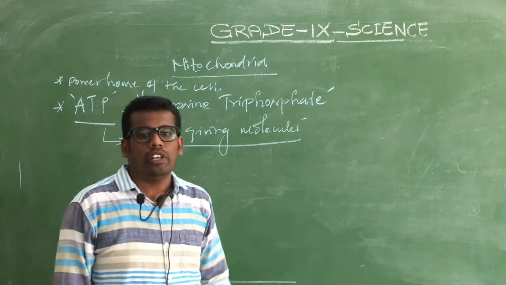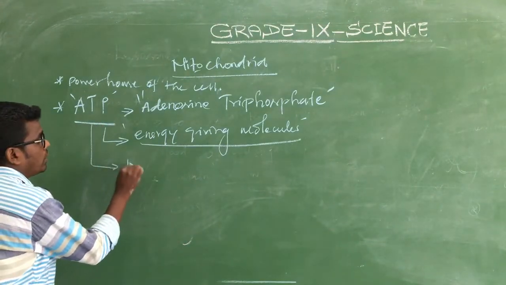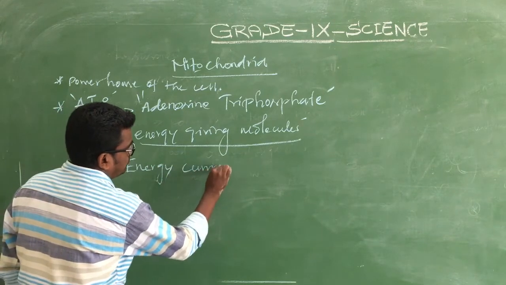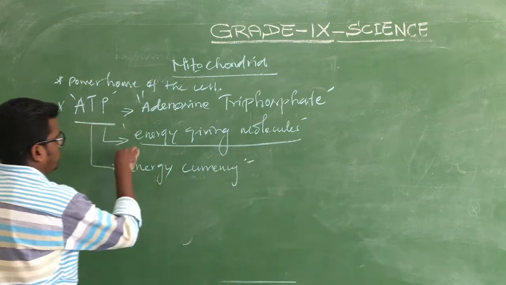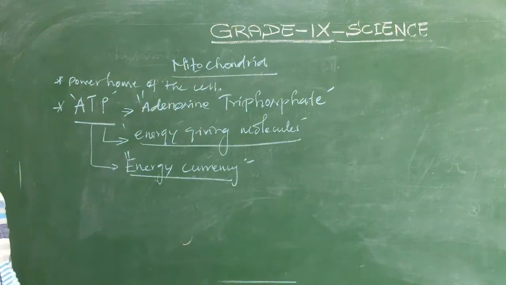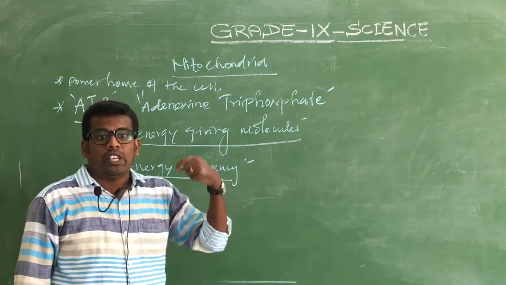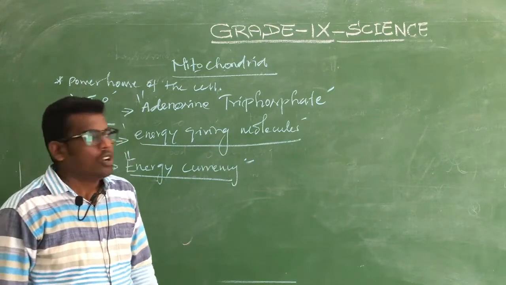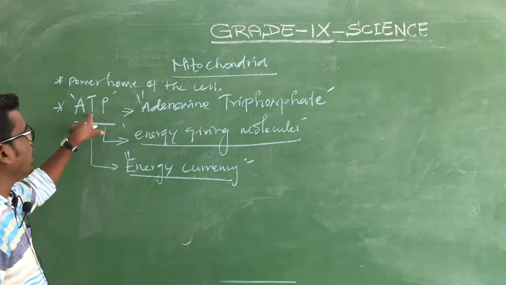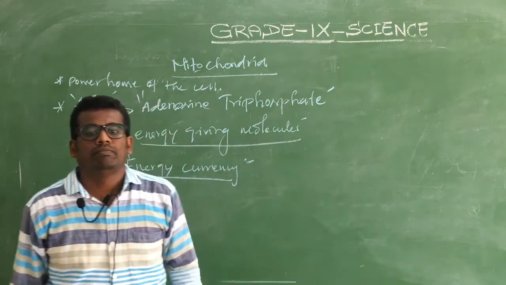This ATP is also called the energy currency. Mitochondria is called the powerhouse of the cell. ATP is also called energy currency. What is ATP? It is an energy giving molecule. The expansion of ATP is adenosine triphosphate.